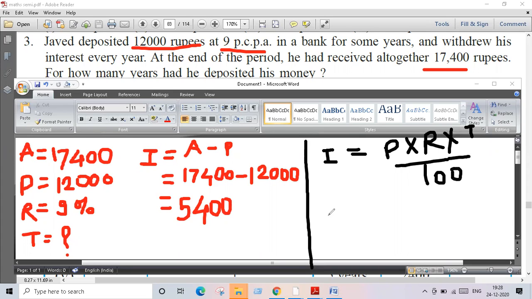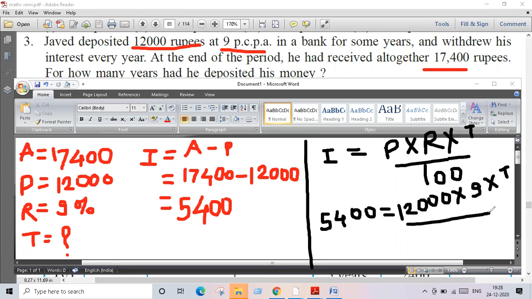Put the values. I is 5,400, P is 12,000, into R, R is 9, into T upon 100. T we don't have.